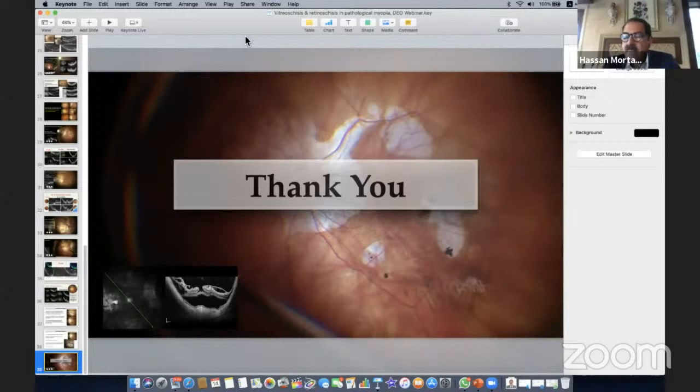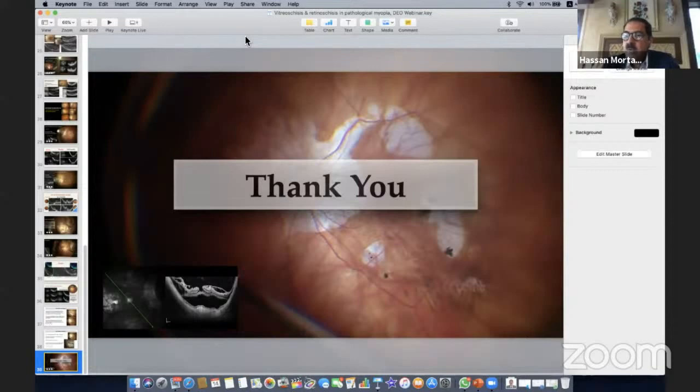But in myopic macular hole, myopic traction maculopathy, removing the vitreous gel from the periphery provides more volume, so you can inject more air inside the eye without the need for injecting gas.